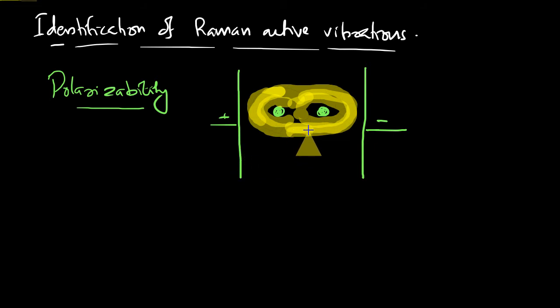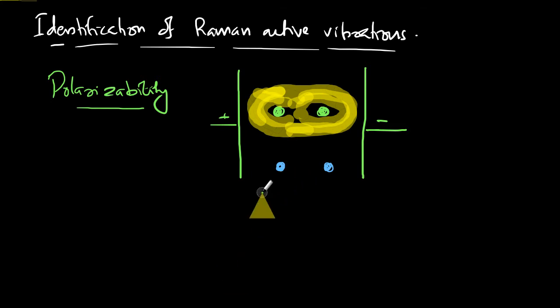So after some time you can see that it will take another orientation like this, or the electronic charge cloud will be distorted, and the electronic charge will be something like this. This is a new state of the system. The two nuclei are there. Suppose that the positions of the nuclei are fixed.